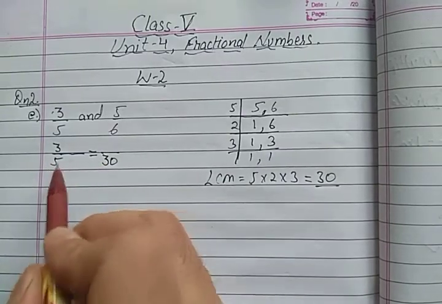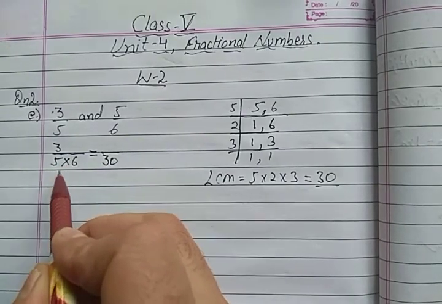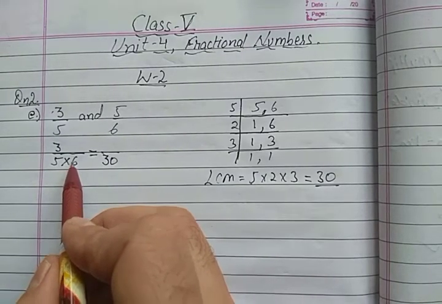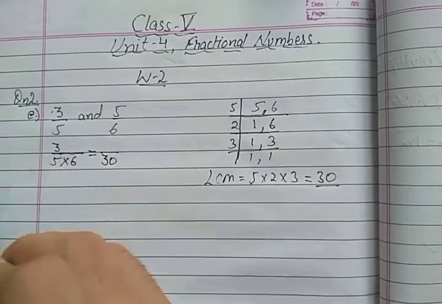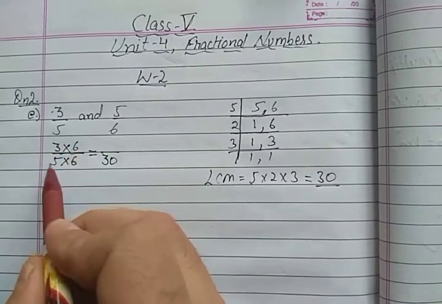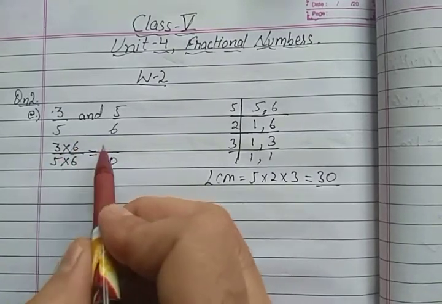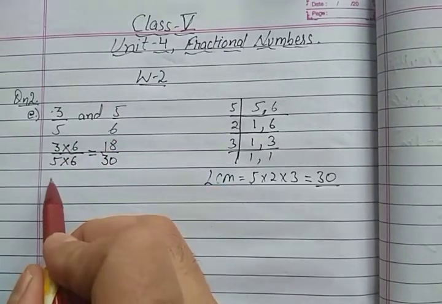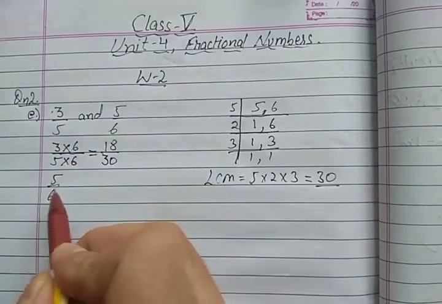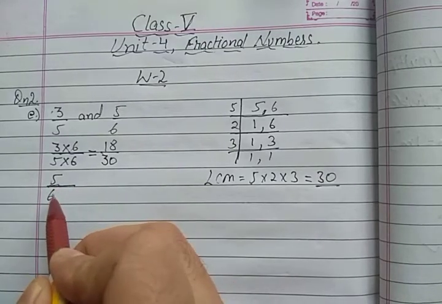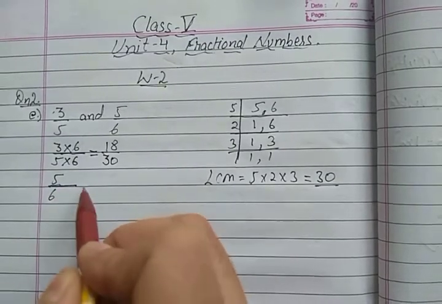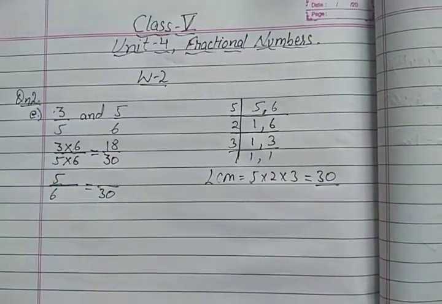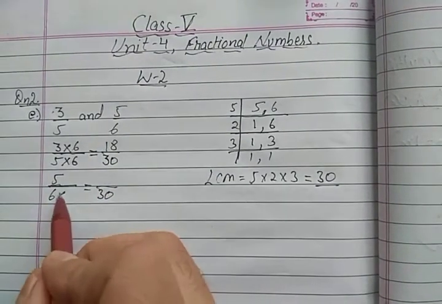In the table of 5, where does 30 come? 5 6s are 30. So with the number by which we multiplied the denominator, by that same number we will multiply the numerator too. So 5 6s are 30 and here 3 6s are 18. Now the second fraction, that is 5 upon 6. Again we have to recite the table of the denominator till the LCM, that is 30. 30 comes in the table of 6. 6 5s are 30.